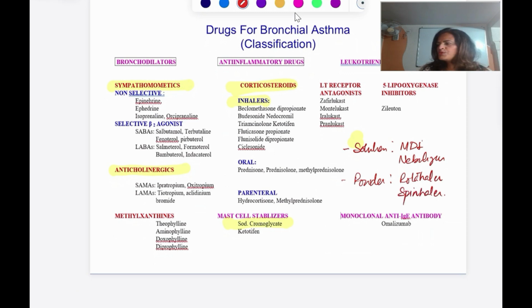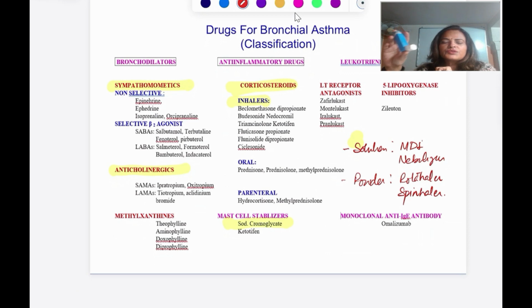I'll just show you one. So this is a pressurized metered dose inhaler. This is how it looks. You can see it is easy to carry, you can keep it in your pocket or anywhere. What is important here is you have to press it. It mainly uses a propellant. What is the propellant used here?